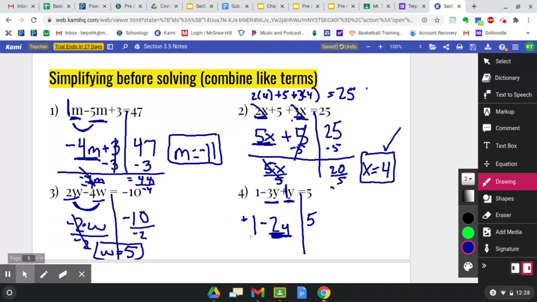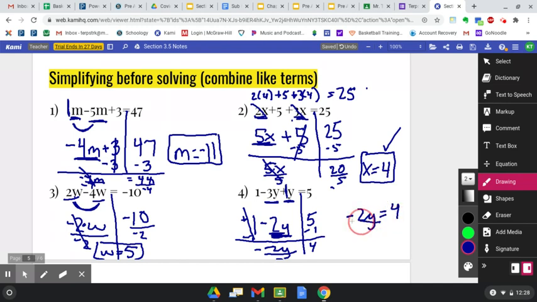So the inverse of plus 1 is minus 1. So positive and negative 1 cancel out. We have negative 2 times y equals 4. Here I'm going to rewrite that. We have negative 2y equals 4.